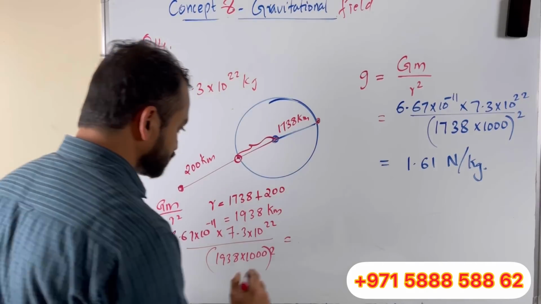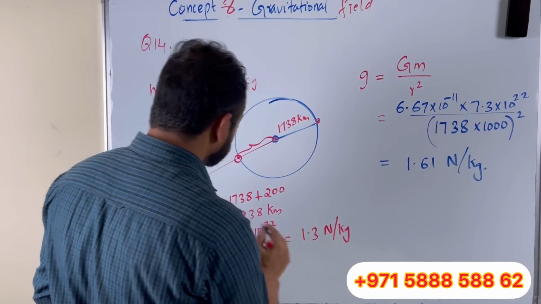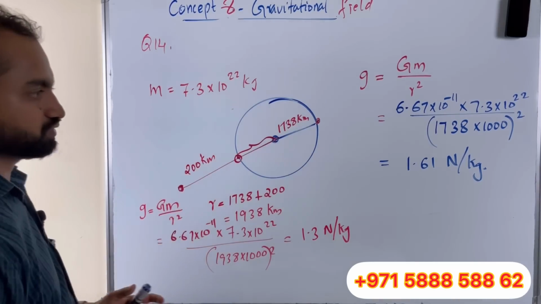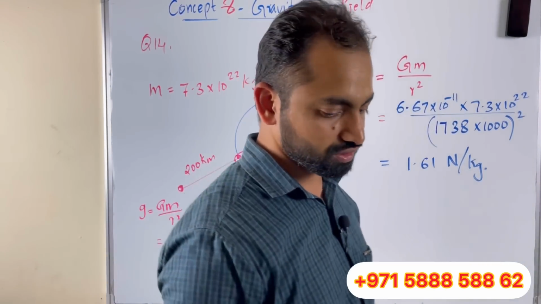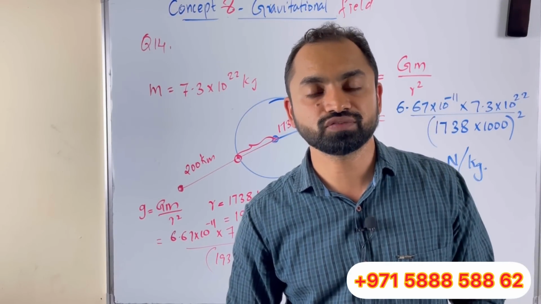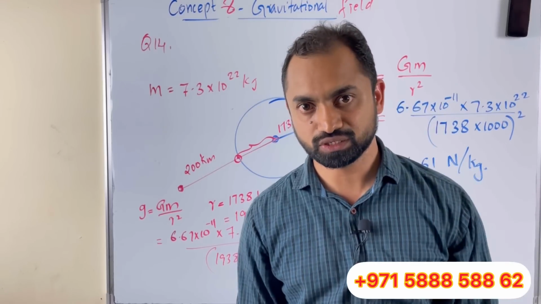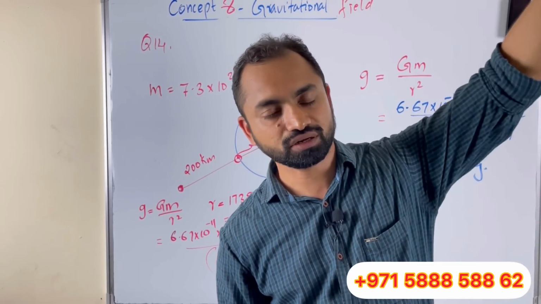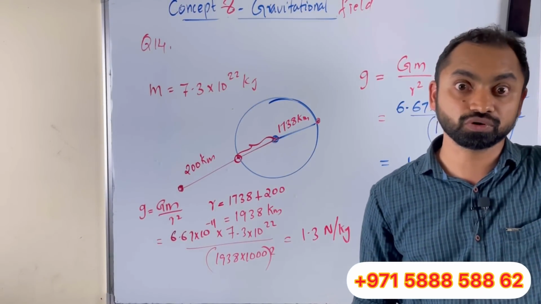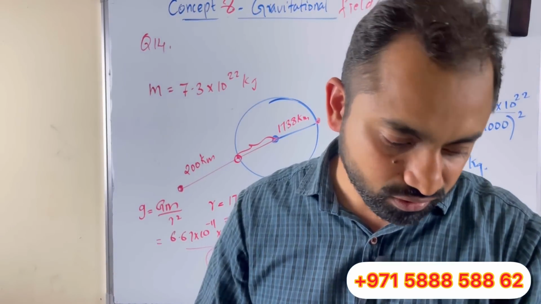So you can see that 1.3 Newton per kilogram means when the distance is increased, the strength of the gravitational field is decreased. Okay, so what is the strength of the gravitational field on the surface of the earth? That is equal to 9.81. So if you go away like 300 kilometers, 500 kilometers above the surface of the earth, the strength of the gravitational field will decrease.